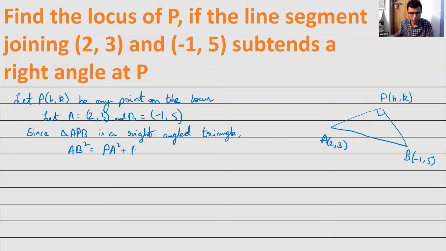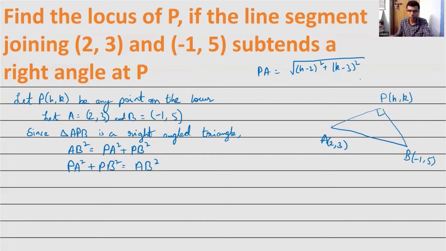PA square plus PB square is equal to AB square. Fine. So now PA square would be nothing but, PA would be nothing but under root of h minus 2 whole square plus k minus 3 whole square. So PA square will be this term without square root.